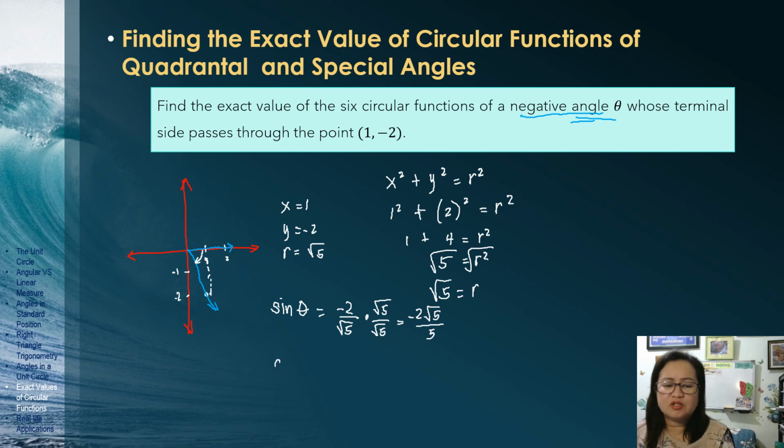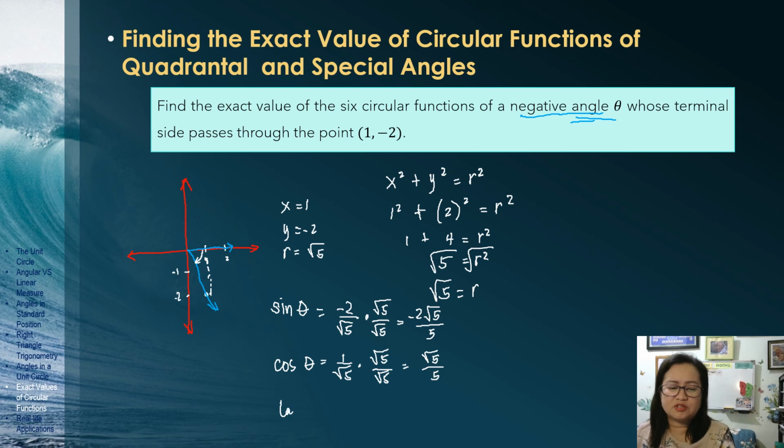What about the cosine function? Cosine is adjacent, so we will have x, 1 over square root of 5. So we will have square root of 5 over square root of 5. Simplify that, we will have square root of 5 over 5.